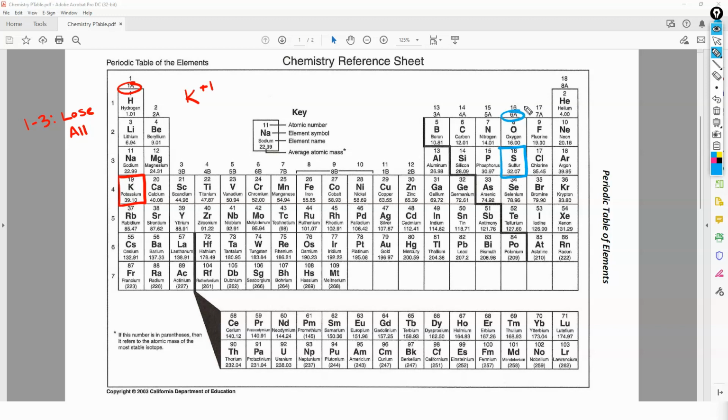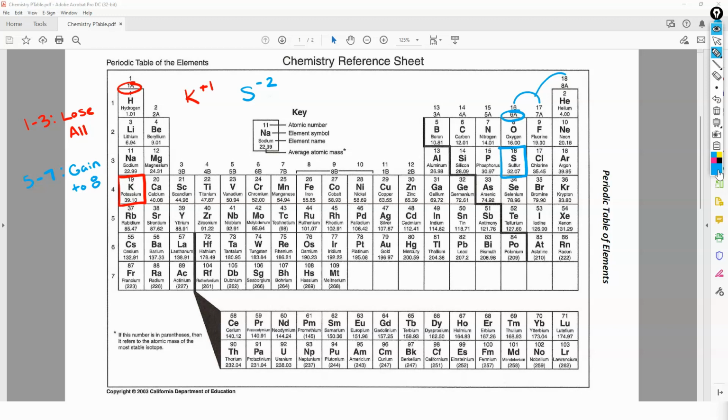Sulfur is in group 6A. If you have between 5 and 7 valence electrons, you want to gain enough valence electrons so you have 8. So since it has 6, it needs to gain 2 more to get to 8. So it now has 2 more electrons, so its charge is going to be -2.